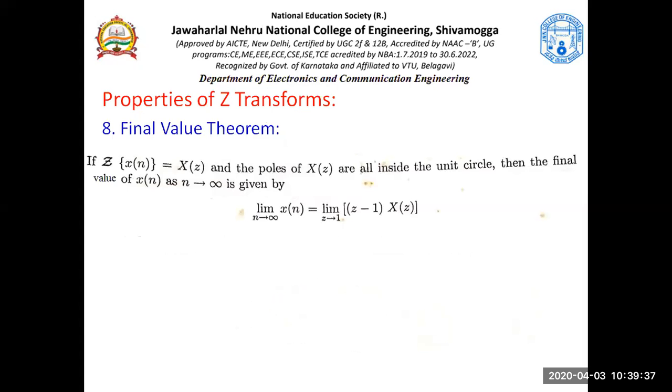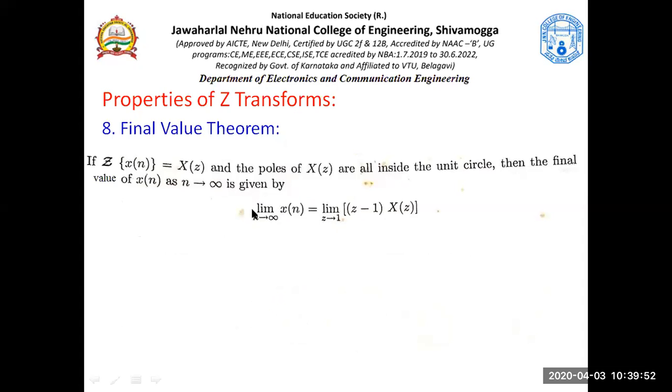There is another theorem which is not very important from the problem solving point of view as well as from the proofs point of view. So just remember this. Here the initial value was x of 0. So here the final value is x of infinity. That x of infinity can be written as x of n, n tending to infinity. This is x of infinity, the final value. How can the final value be obtained? The final value can be obtained by an equation like this.